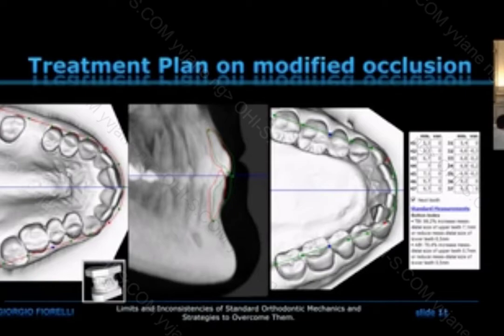The symmetry axis is set here, so we know that both midlines will have to align here, and the canines and all the teeth should be symmetrical with respect to these lines. And here you see the measurements of the teeth, and on this column the variation. So we decide that we'll make some IPR.